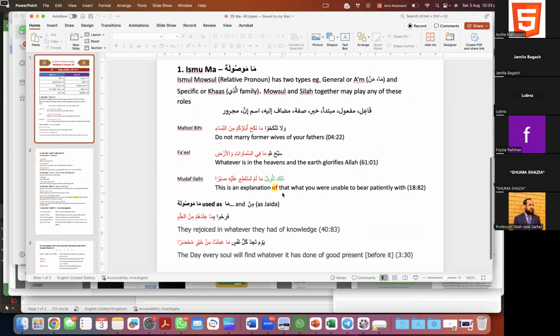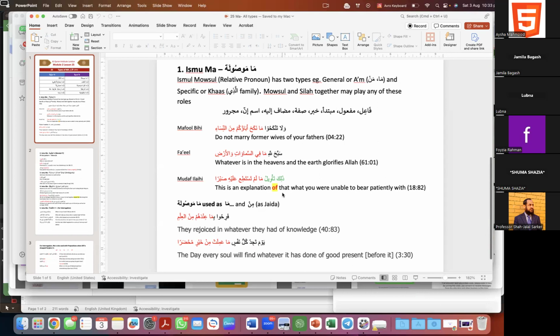Ma mausula first. You need to remember there are 2 types of ismul mausul, which is ma mausula. The first type is called general, ordinary, common, and you are familiar with that: ma and man. If you have a printout with you, it was a typing error before, it was min there, so you may correct it, but our original script has been corrected.